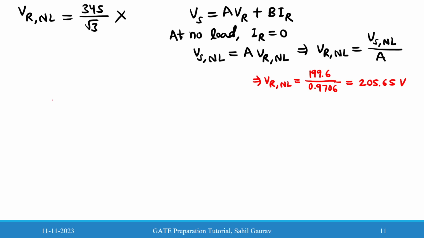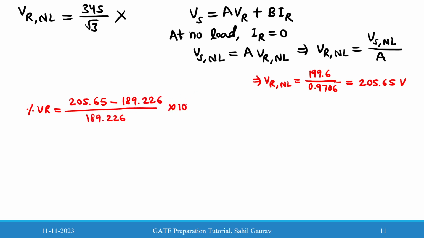Now we are finally putting all these values. Percentage voltage regulation is 205.64665 minus 199.266 divided by 199.266 into 100.